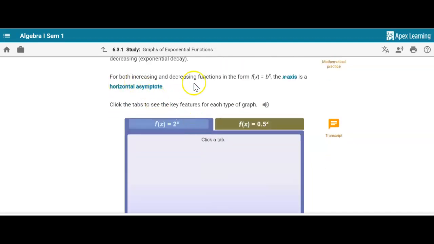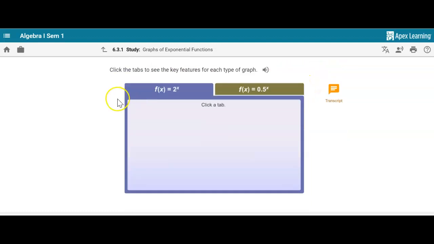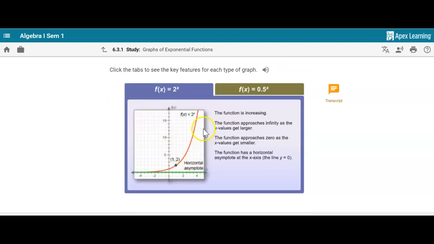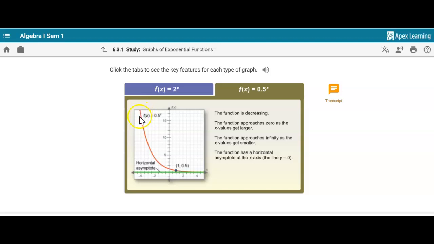Now it says here that for both increasing and decreasing functions in the form f of x equals b to the x, the x-axis is a horizontal asymptote. This graph will get very close to that green line but will never cross it, because the x-axis acts as a horizontal asymptote. The same is true for y equals 0.5 to the x.